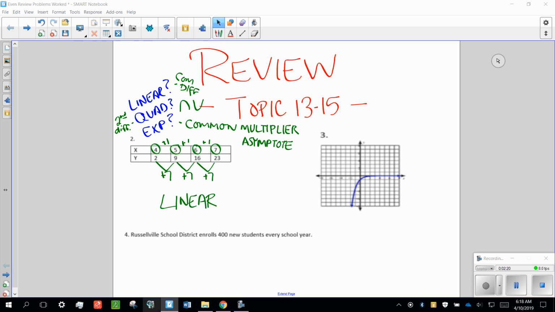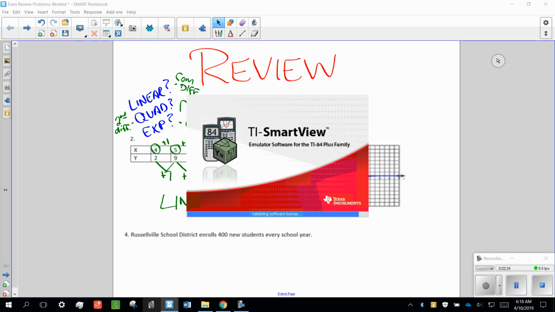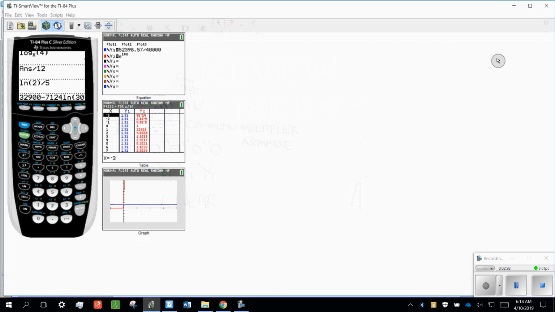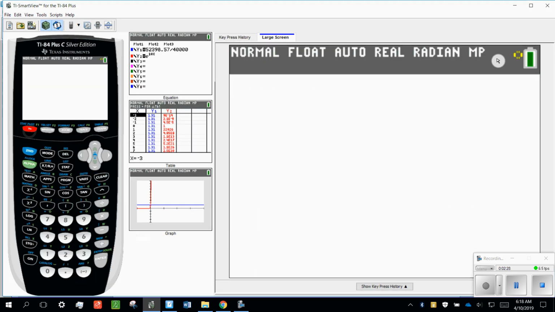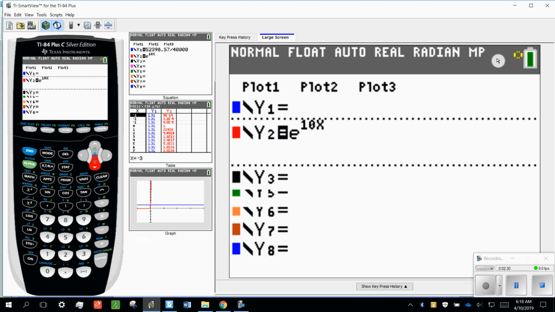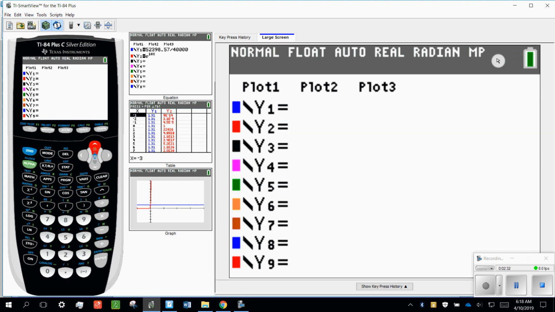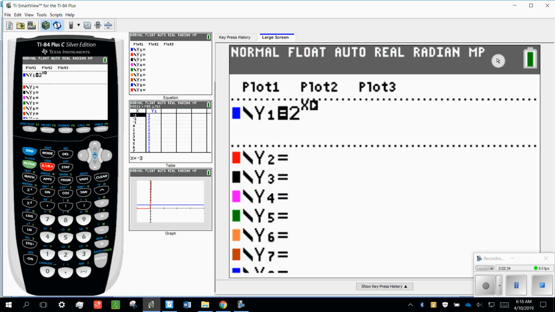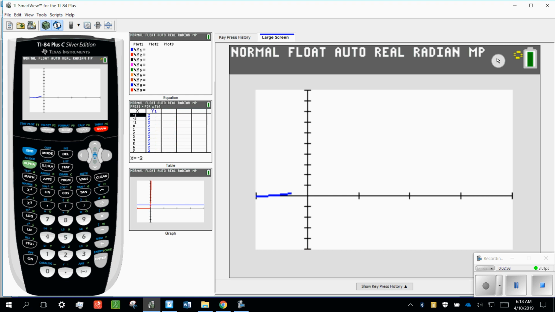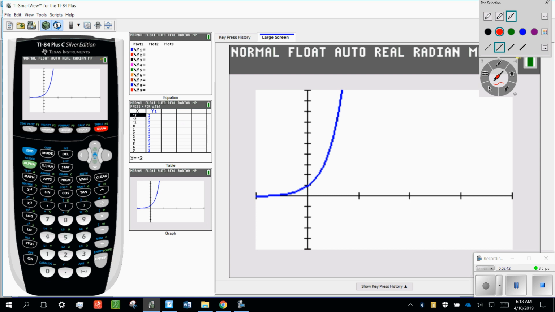So let's look at a function real quick on the calculator. For example, we could do 2 to the x power. There's this line, which we call the asymptote, right here, that this function approaches but never crosses.